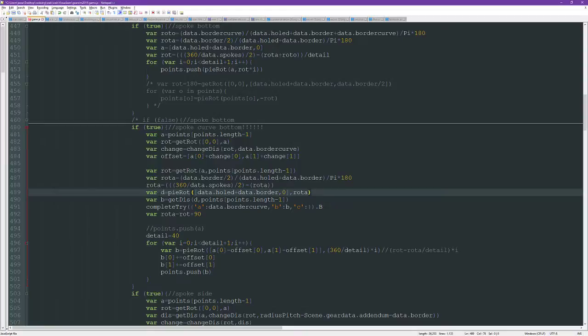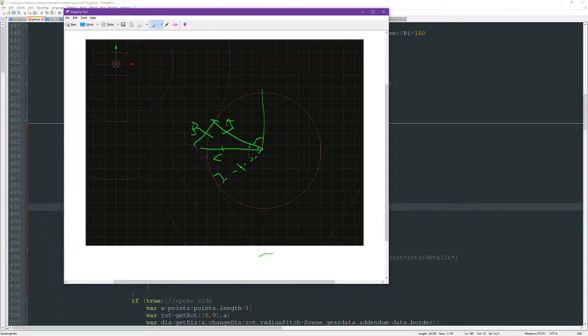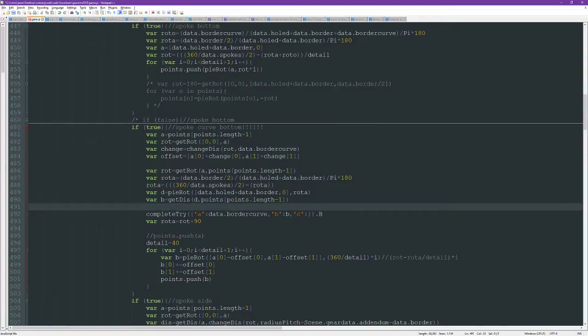Extra confusions. There's not really any good ways they can name these things I can think of. Alright, and yeah, so that's that point to the center. So we want to get the distance from D to offset, I believe? And that's what C is equal to.